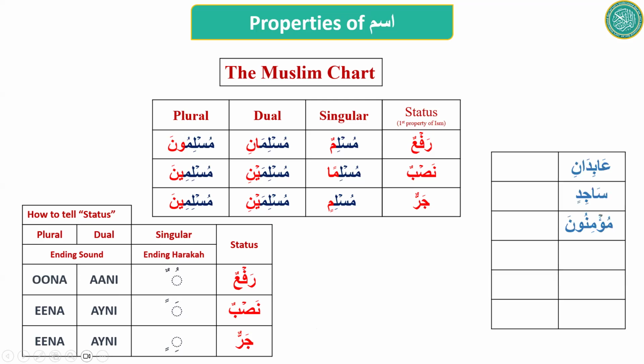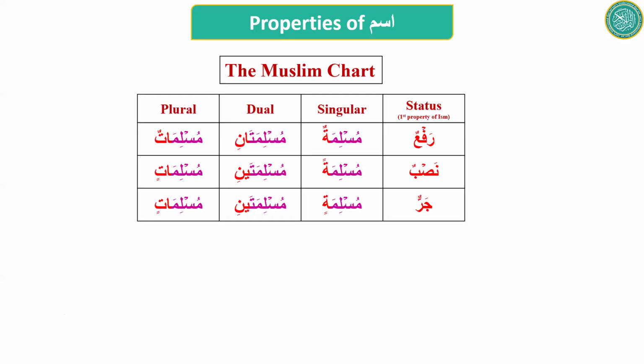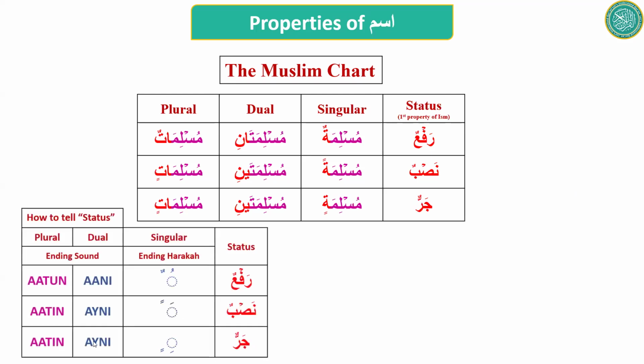And then we used a few words to tell the status. Then we used the Muslim chart for feminine gender. Same concept. The way to tell the status for singular and dual is the same. The only difference is in the plural.